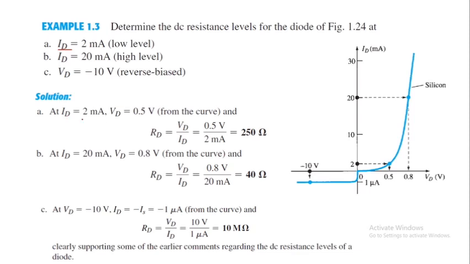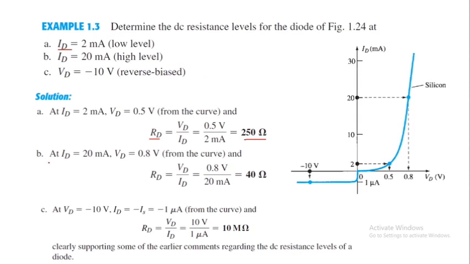Now for ID equal to 2 milliampere, we have found that the value of VD is 0.5 volt, and if you calculate the value of resistance, which is DC or static resistance, that is VD by ID, 0.5 over 2 milliampere, which gives us 250 ohms.